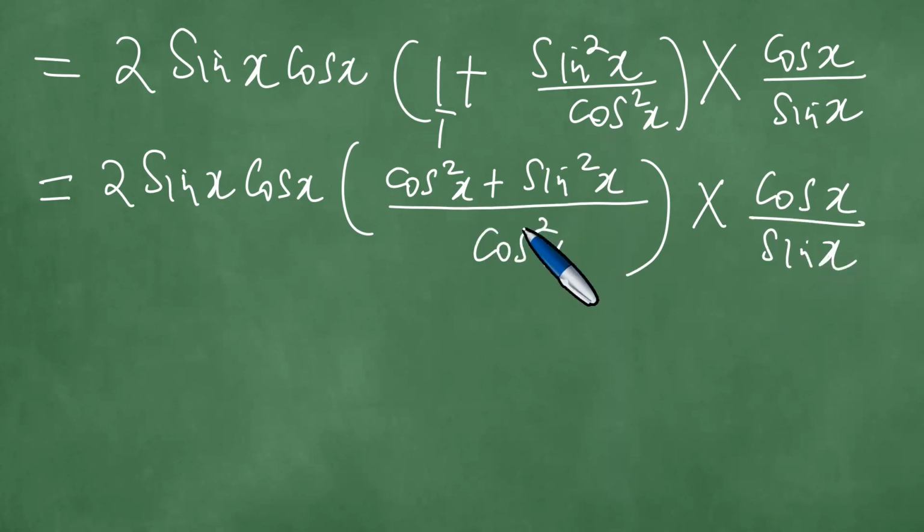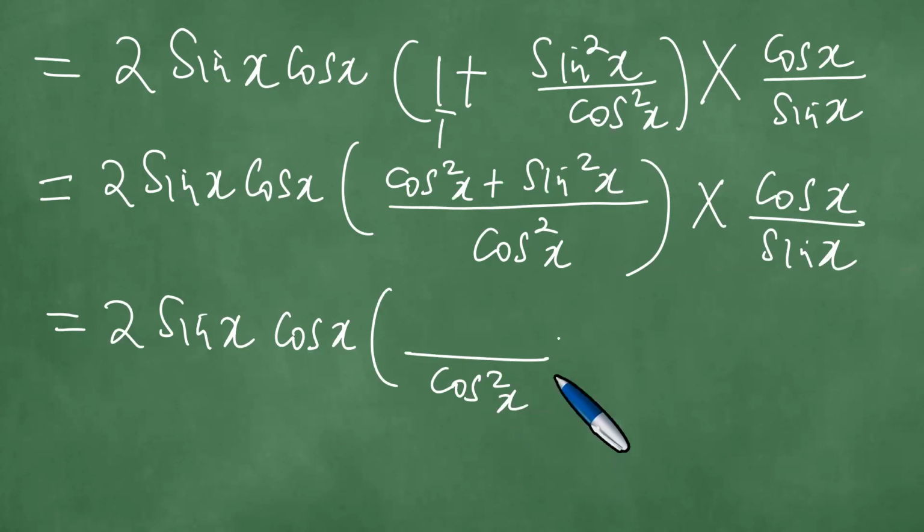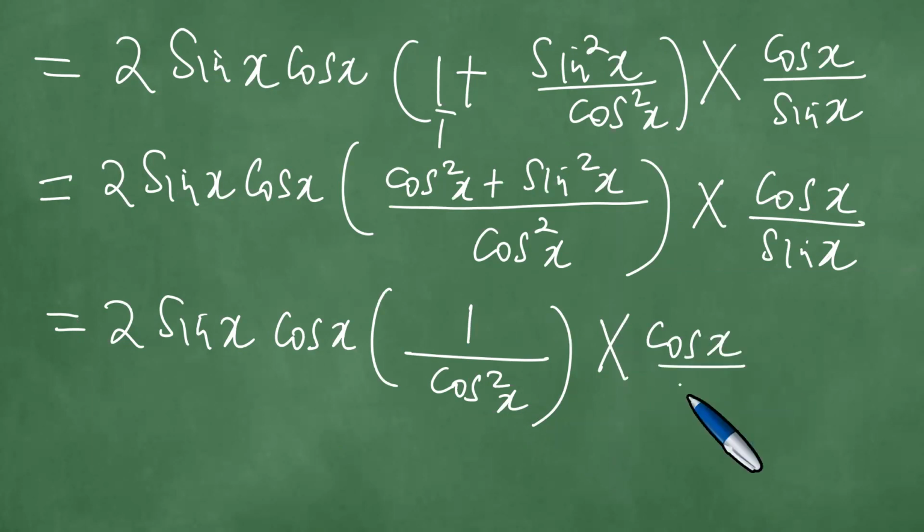Cosine squared x plus sine squared x is equal to what? It is 1. And therefore we have cosine x over sine x. Right, at this point, we proceed to simplify.